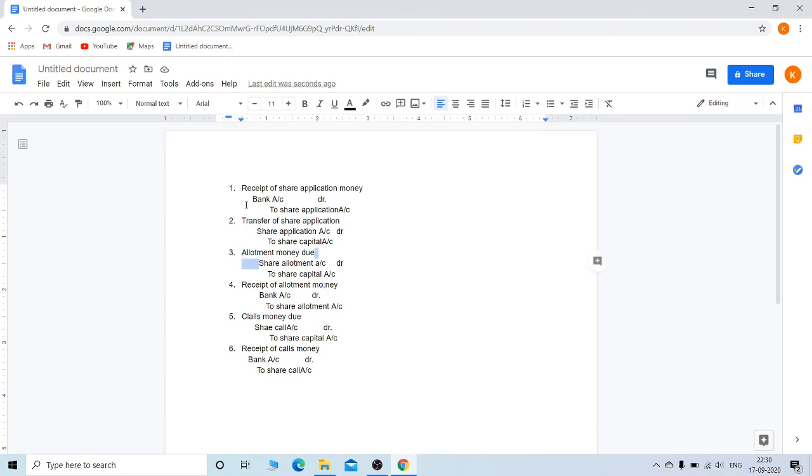The entries are somewhat similar. In case of application money, first we write the receipt entry and after that the transfer entry. But in case of other installments, first we write the due entry and after that we write the receipt of that particular installment money.